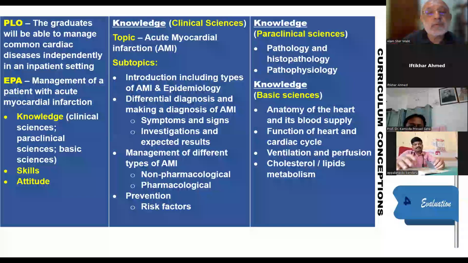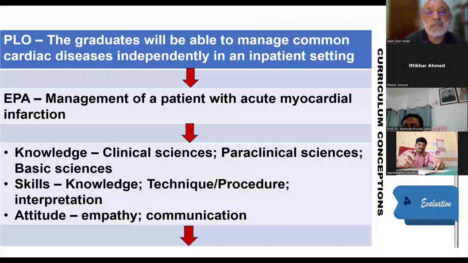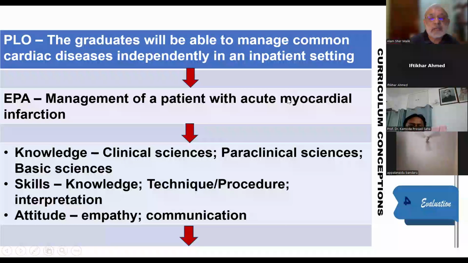Going further into detail of this and explaining it further, we are talking about the myocardial infarction here, and then the knowledge, clinical sciences, paraclinical sciences, basic sciences, skills, knowledge, technique, procedure, interpretation, and attitude, empathy, and communication.